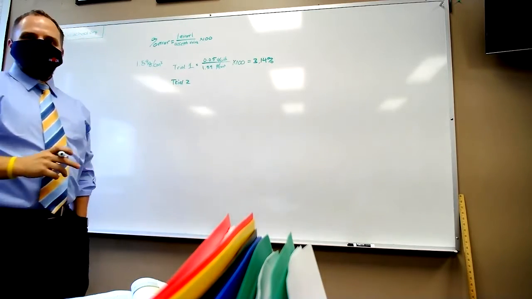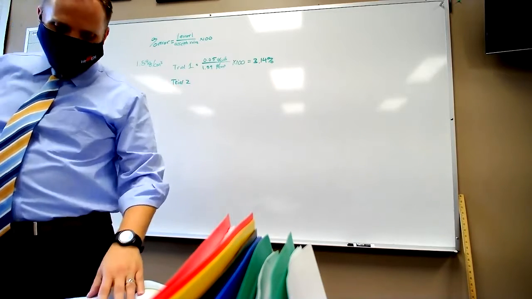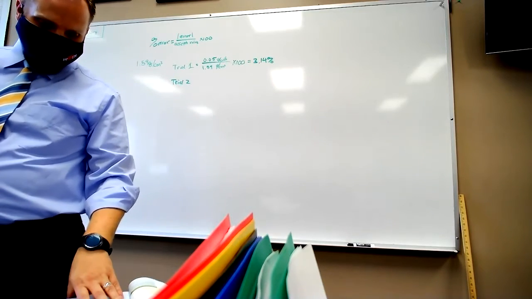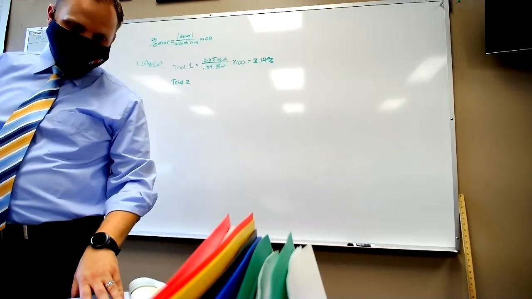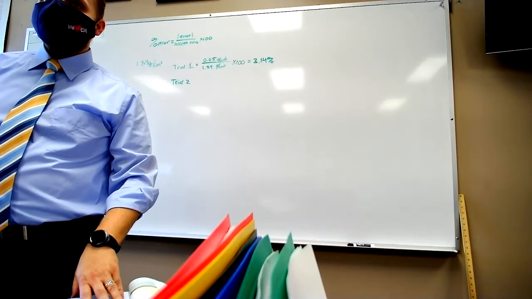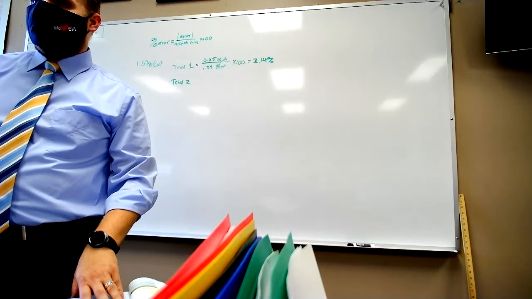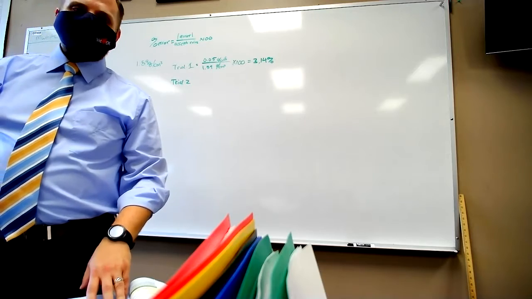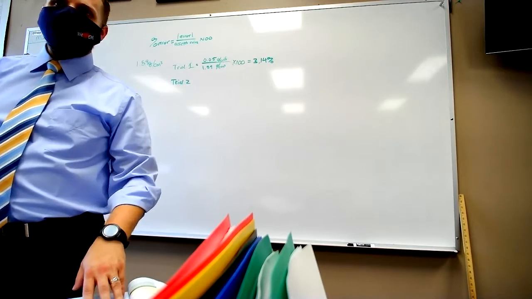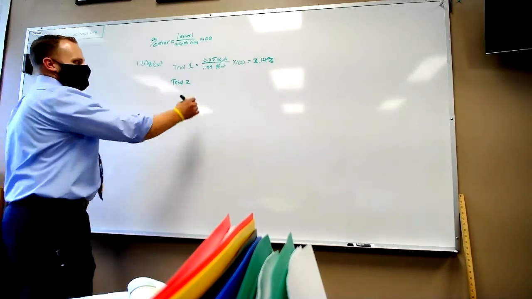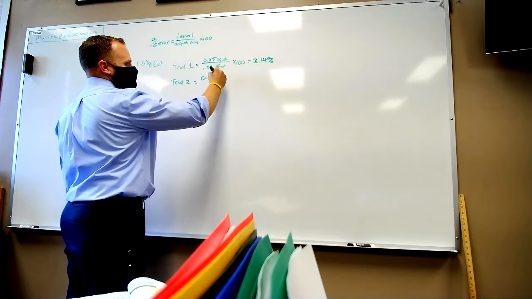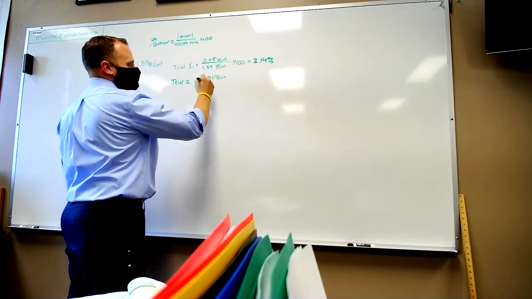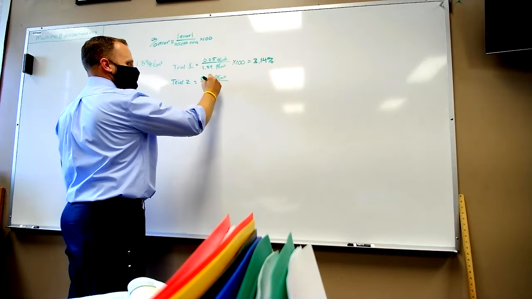So what's the error in trial 2? Who can tell me what the error in trial 2 is? 0.01. Okay. 0.01 divided by 1.59.